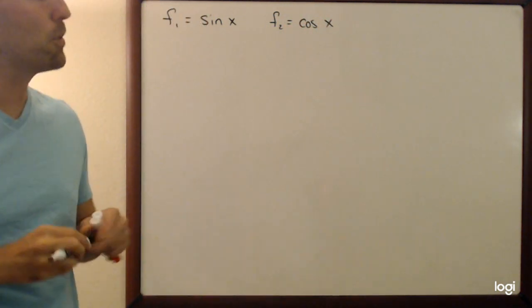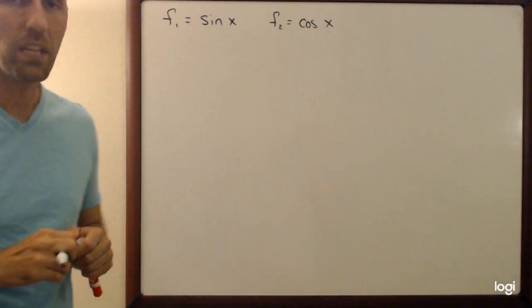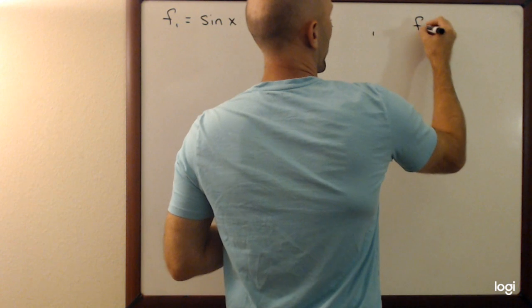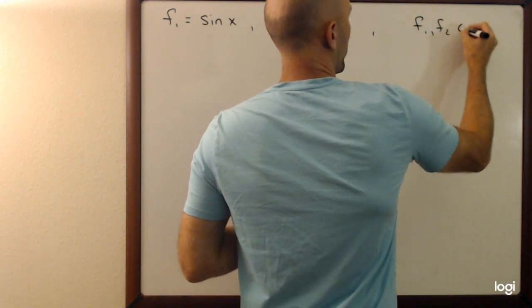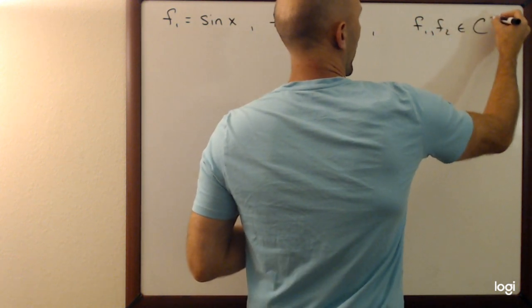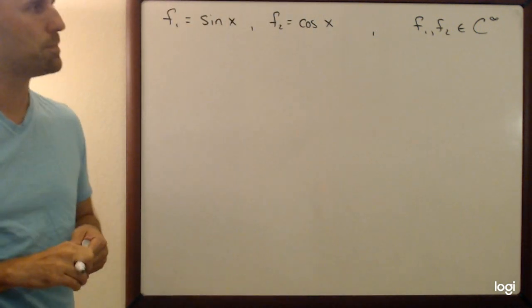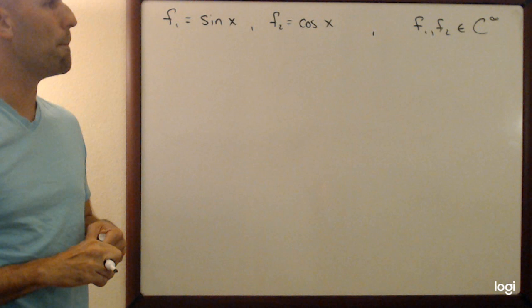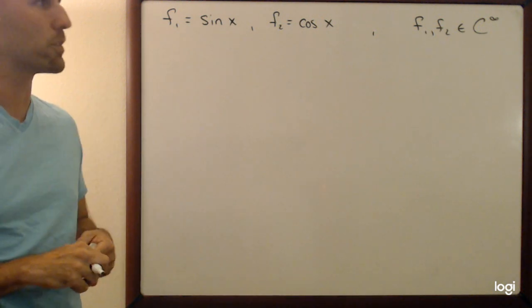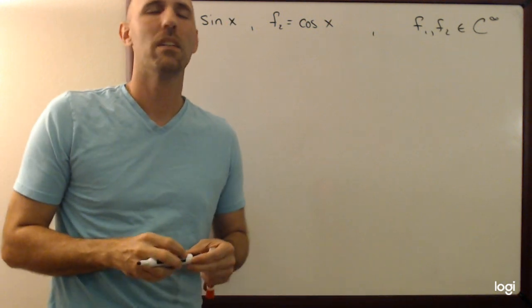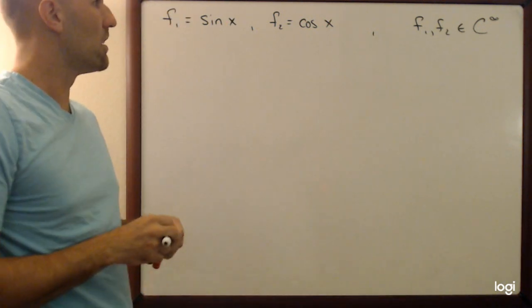Both of these are members of C infinity. So we know that f1 and f2 are both elements of C infinity. These are infinitely smoothly differentiable, and C infinity is, of course, a vector space. But are these things linearly independent? Well, how do we figure that out?